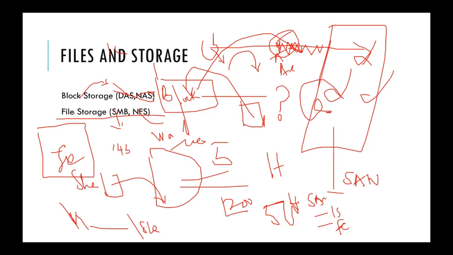Now, within the cloud environment, file storage is also what you have. You could consume file storage from within the cloud environment. You could consume block storage from within the cloud environment. The way file storage works within the cloud environment is still the same way it works even if you have that set up locally within your network.